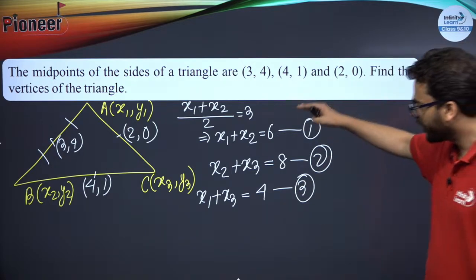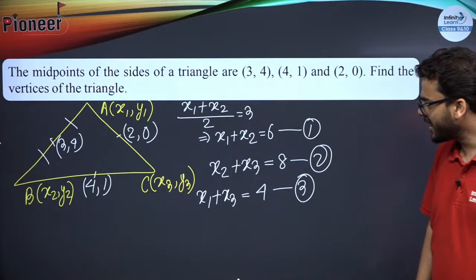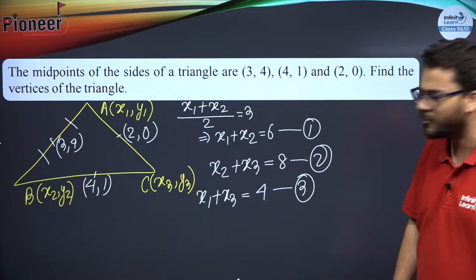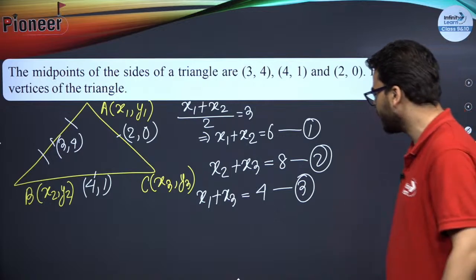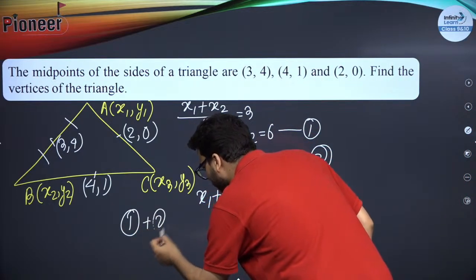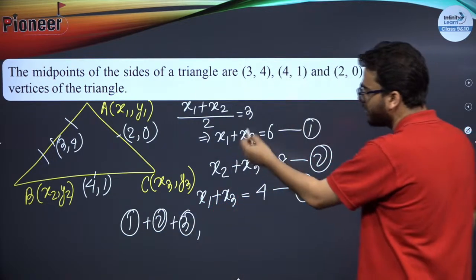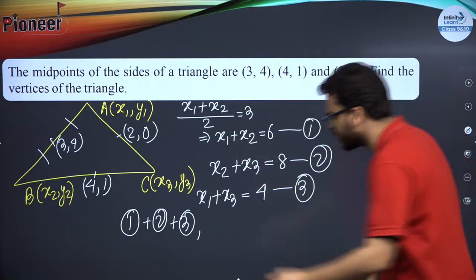So using these equations, we have to find the values of x1, x2 and x3. You can do it using other methods as well, you can do substitution as well, it is all up to you. But the method which I am explaining over here will make it very simple. Can I add the equations 1, 2 and 3 over here, guys? So what will I get? Basically you will get 2 times x1, 2 times x2, 2 times x3.